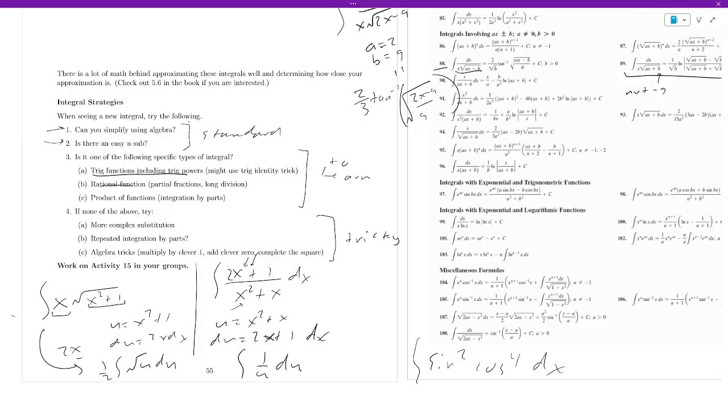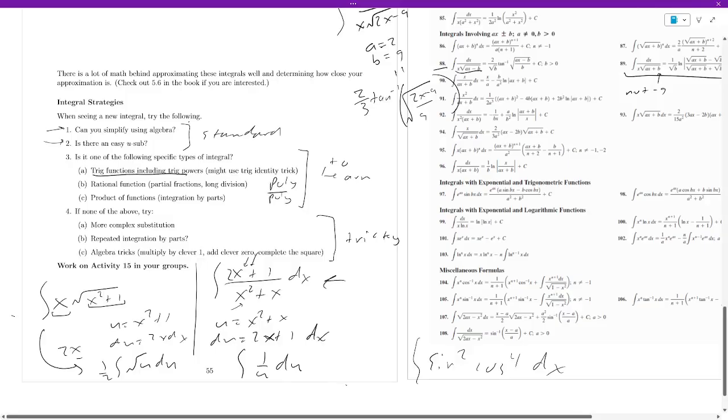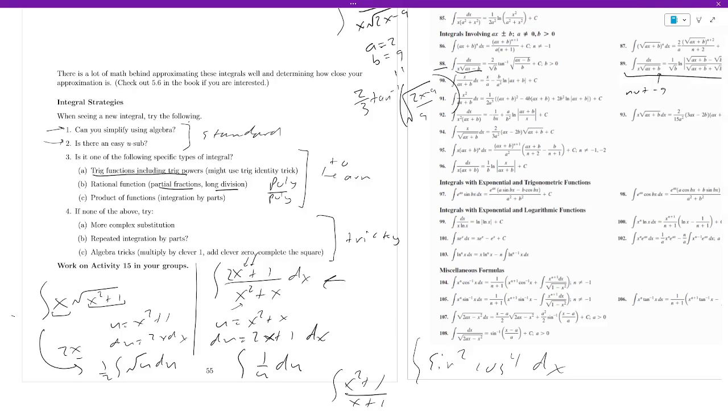Often we have rational functions, so polynomial over polynomial. Something like this one, or something like x squared plus 1 over x plus 1. Our techniques to deal with those were partial fractions and long division. We talked about that in the other lecture, but basically, if you can factor the bottom, you should do partial fractions.